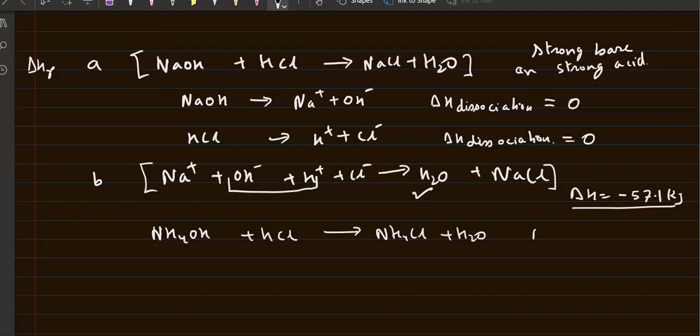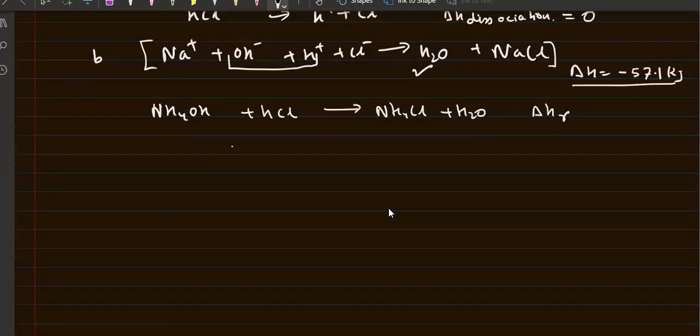So you have to find delta H of this reaction. Just think about this. I can say that this reaction can be written like this: NH4OH gives NH4 plus plus OH minus. Yes or no? But is this a strong base?